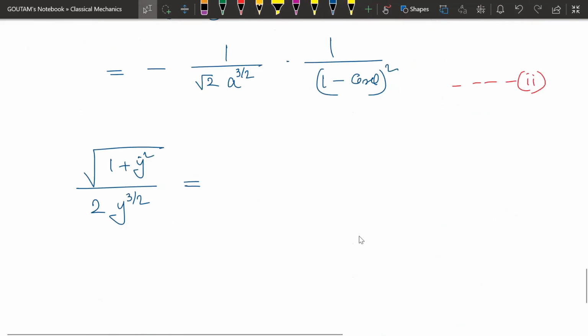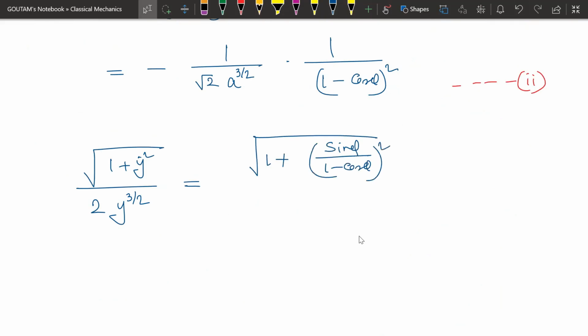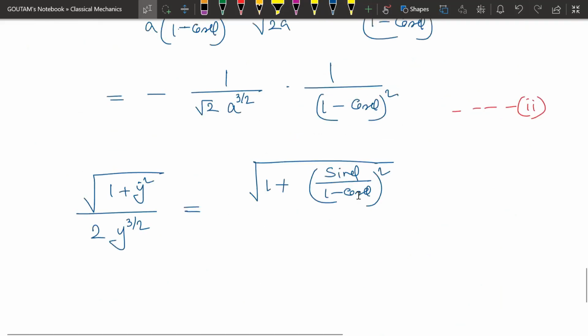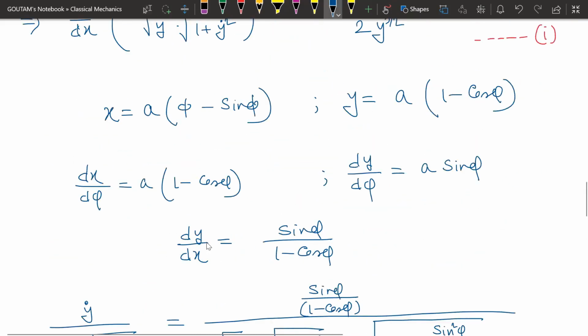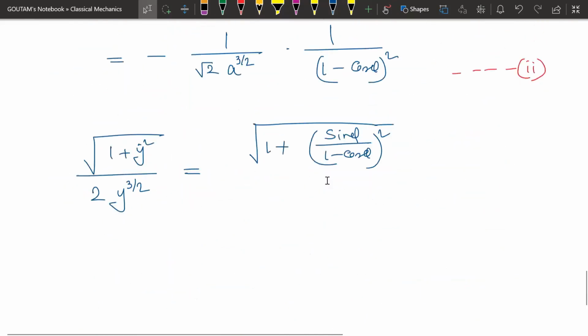Now it will be root under 1 plus sin phi by 1 minus cos phi square. So this value we already calculated, the value of y dot, that means dy/dx. So this is y dot, dy/dx. It is sin phi by root under 1 minus cos phi. That's what we wrote here.